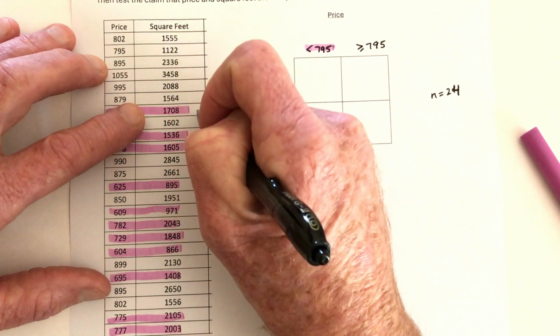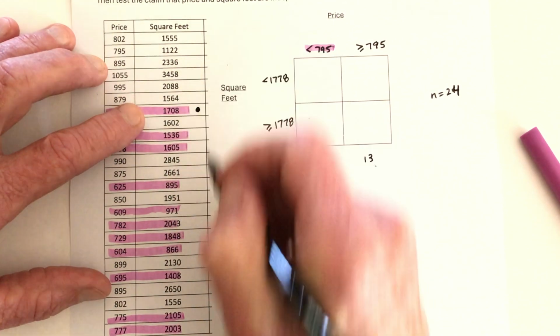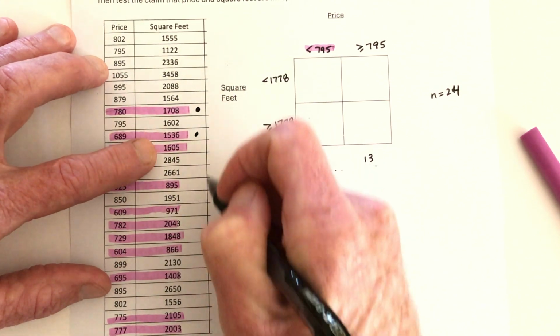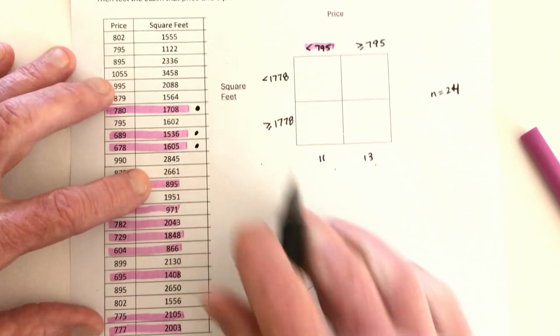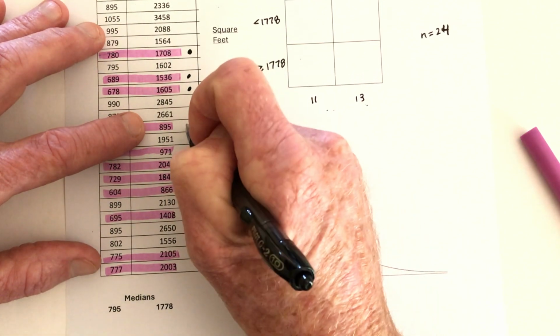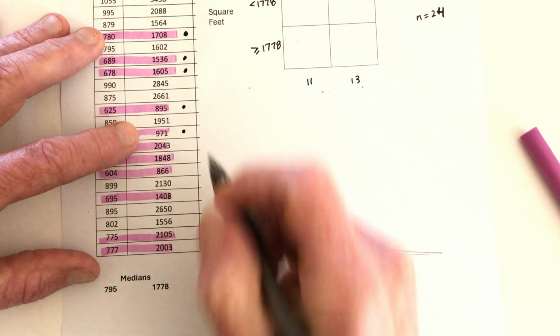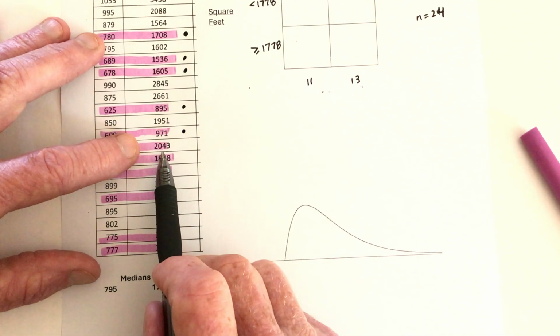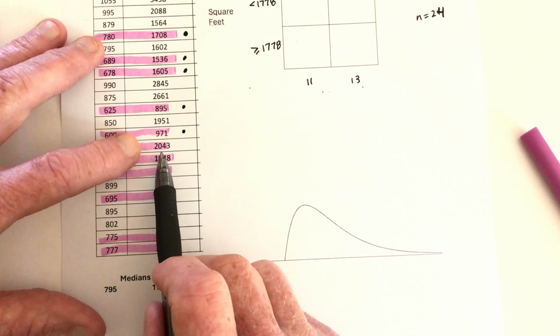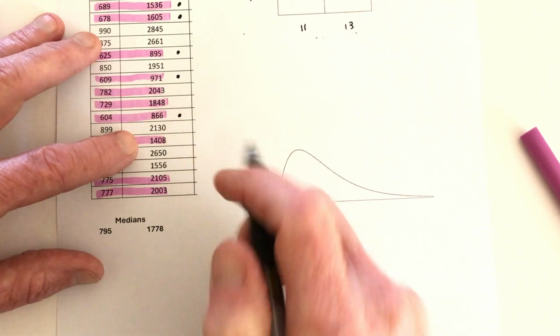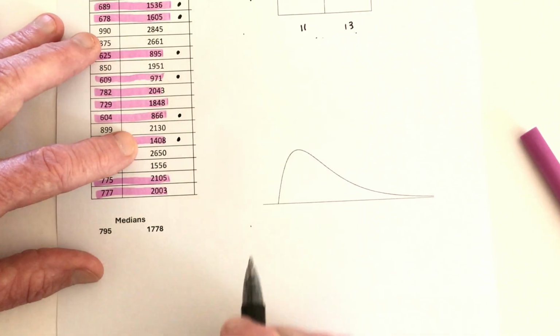So this is going to count. That's less than 1778. And this one, and this one, and concentrate only on the purple ones right now. And this one, but this is a no. That's not less than 1778. That's a no. This is a yes. And this is a yes.